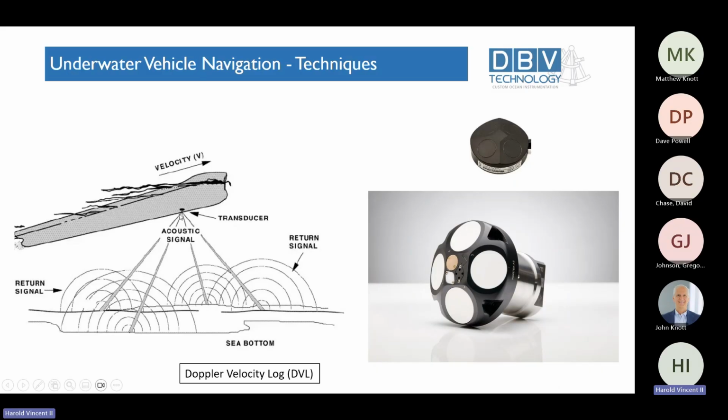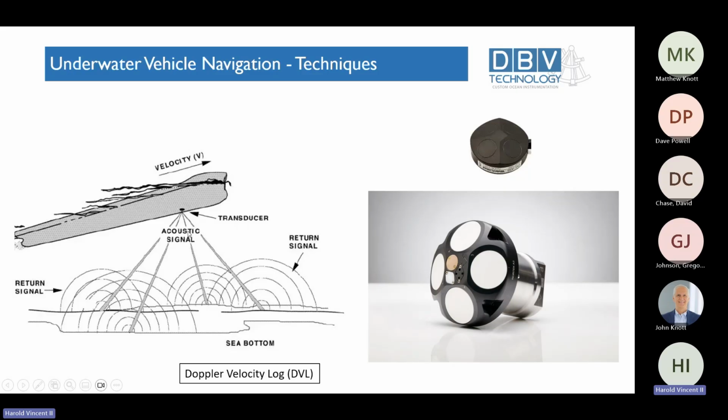It will transmit 4 acoustic signals simultaneously down to the seabed. One of those acoustic signals is in a narrow beam pointed forward. One is in a narrow beam pointed aft, a narrow beam pointed port, and pointed starboard. It hits the seabed, reflects back, that reflected signal is received, and you measure the Doppler shift.